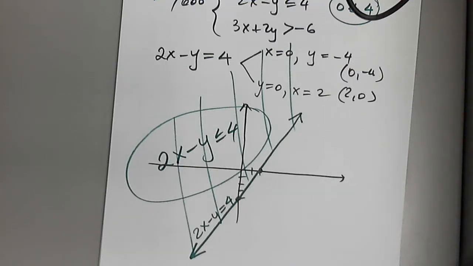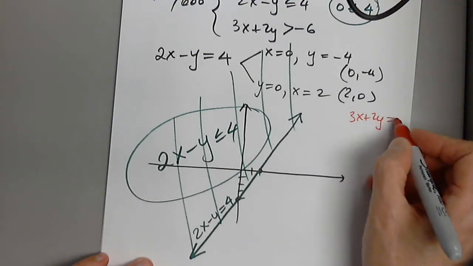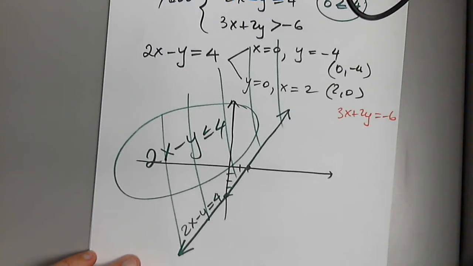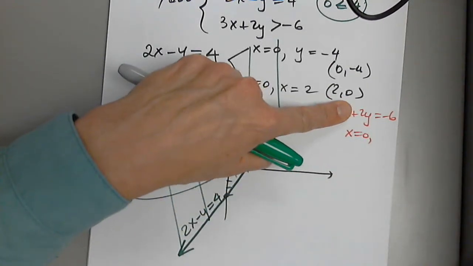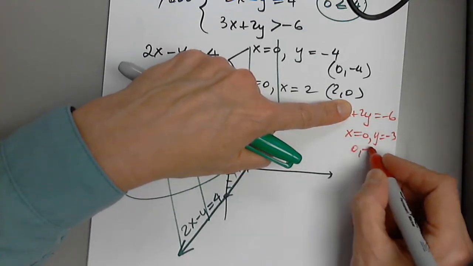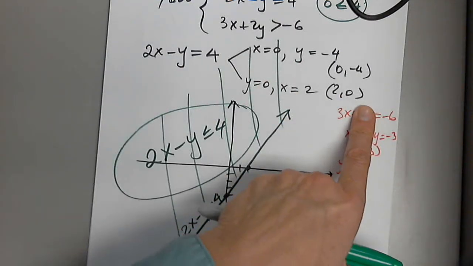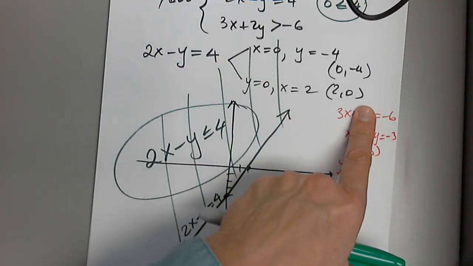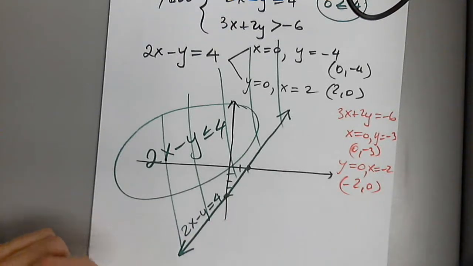I will repeat for the second one, in which I have 3x plus 2y equals negative 6. When x is 0, y is, very good, 0, negative 3. When y is 0, x is, very good, negative 2, 0.